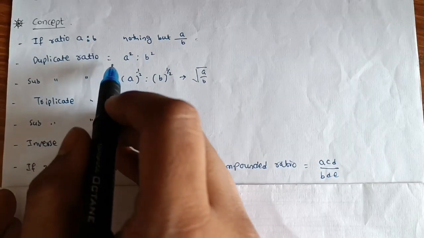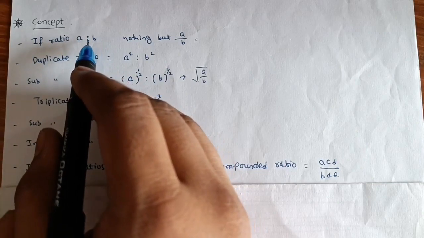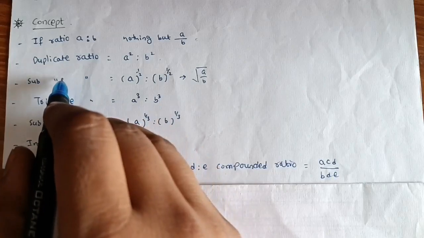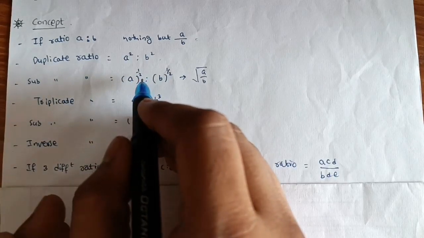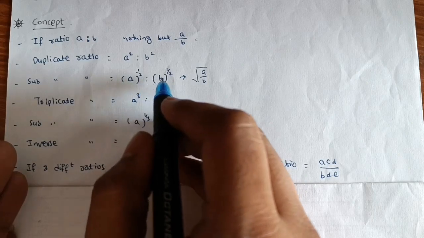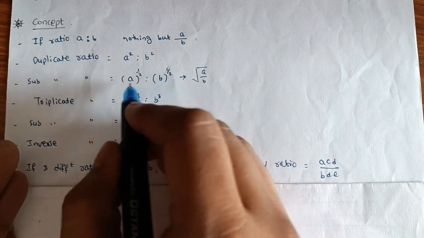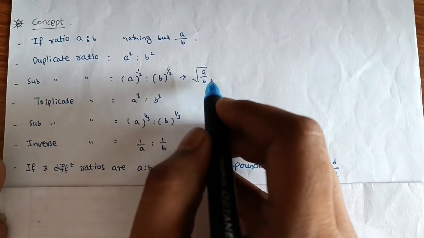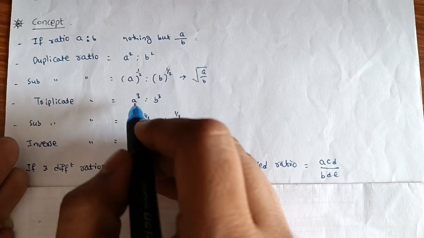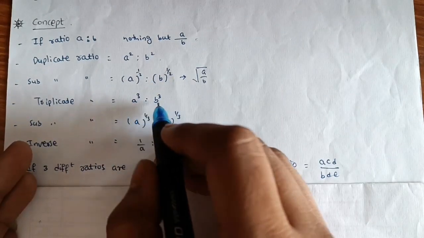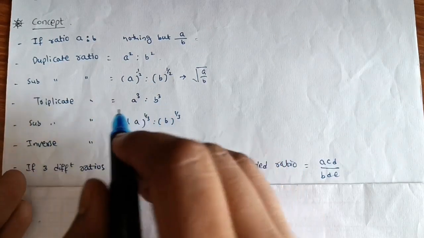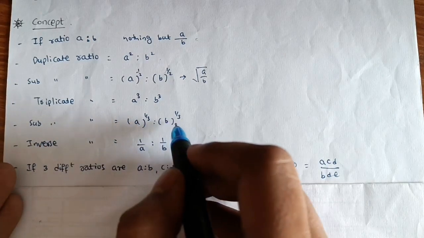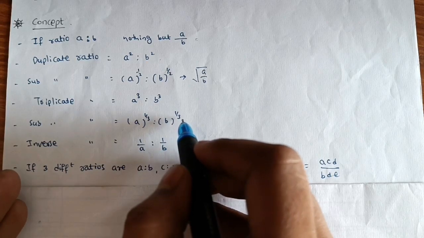Duplicate ratio is the square, like A square is to B square. Sub-duplicate ratio is A to the power 1 by 2 is to B to the power 1 by 2, nothing but under root A is to under root B. Triplicate ratio is A power 3 and B power 3, and sub-triplicate ratio is A to the power 1 by 3 and B to the power 1 by 3.